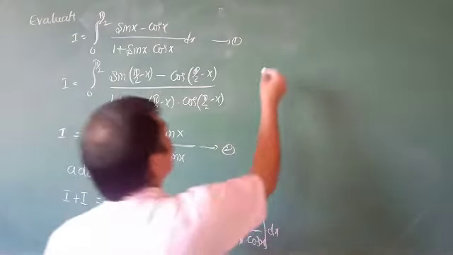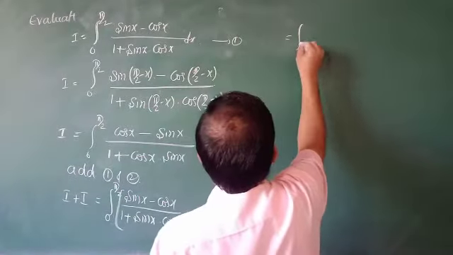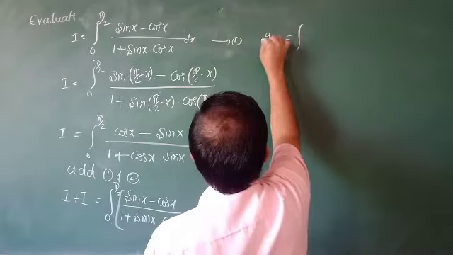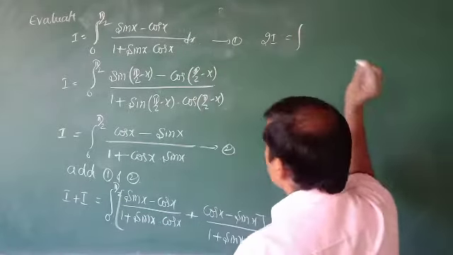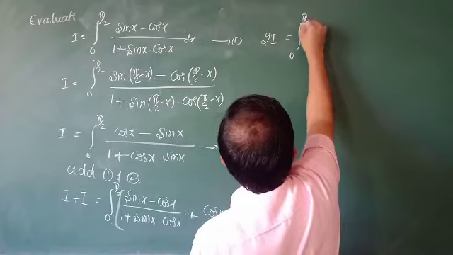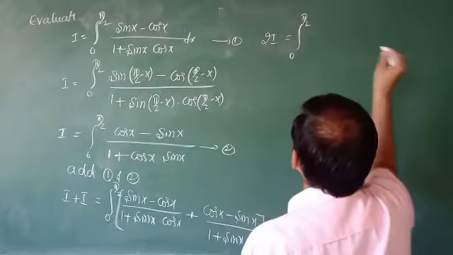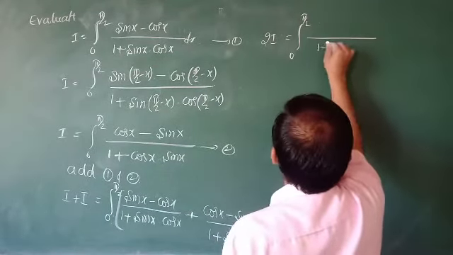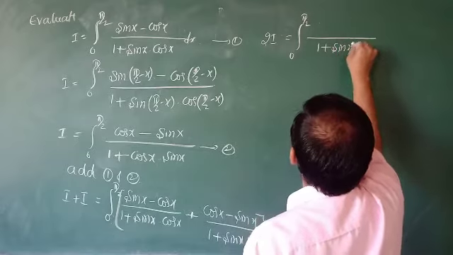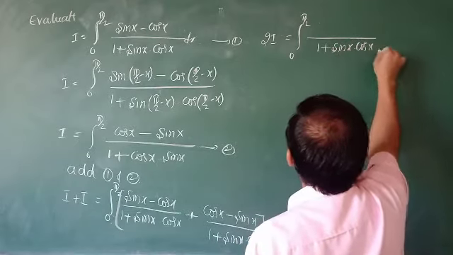So 2I is the integral from 0 to pi by 2 with the same denominator, 1 plus sin x into cos x.